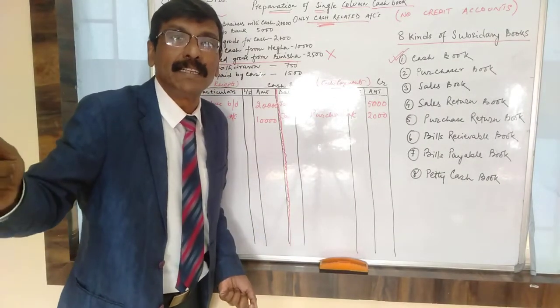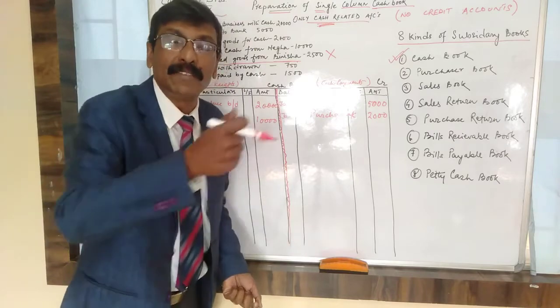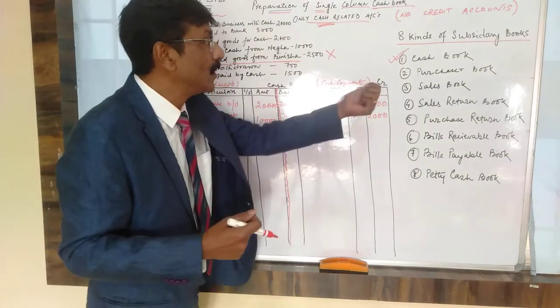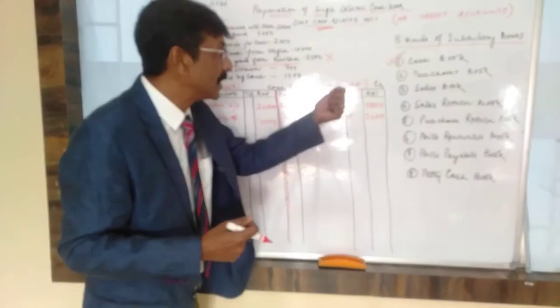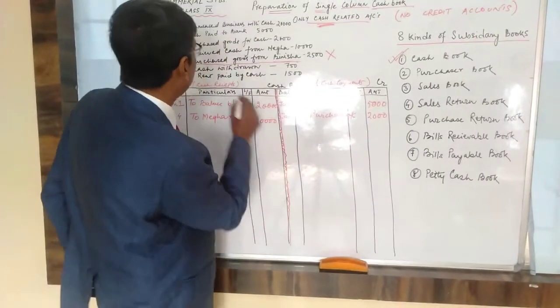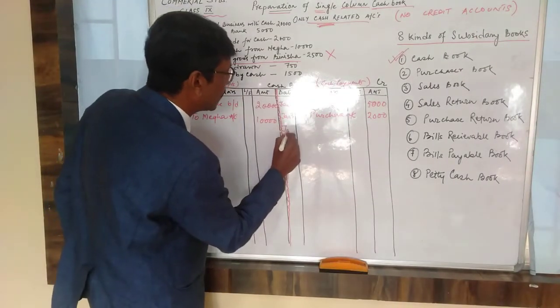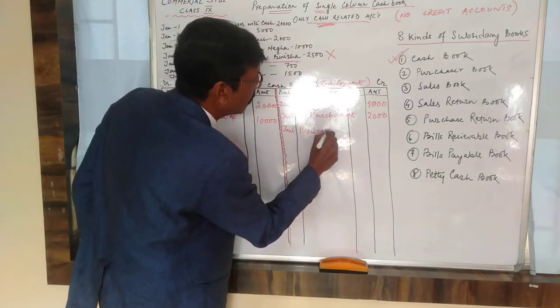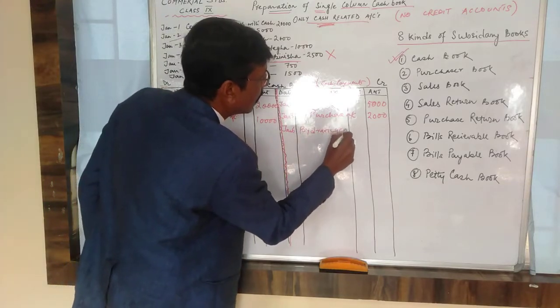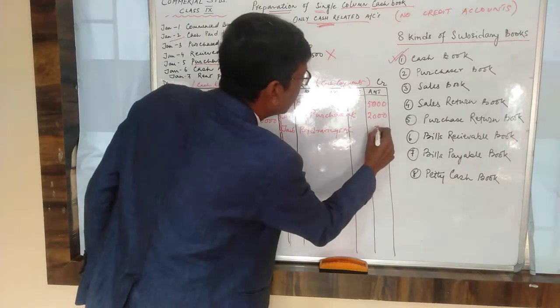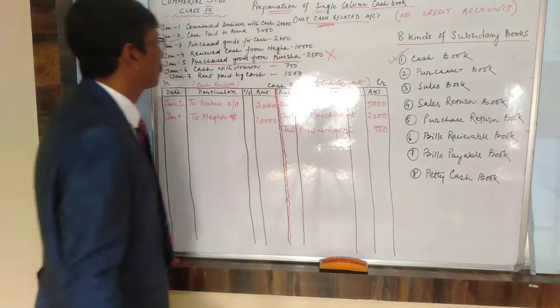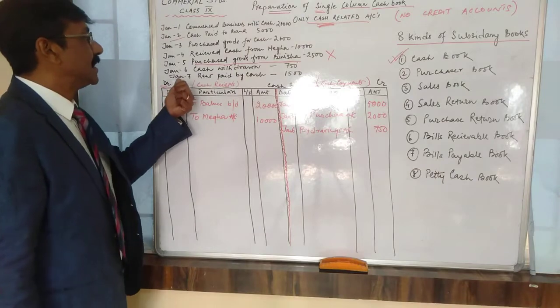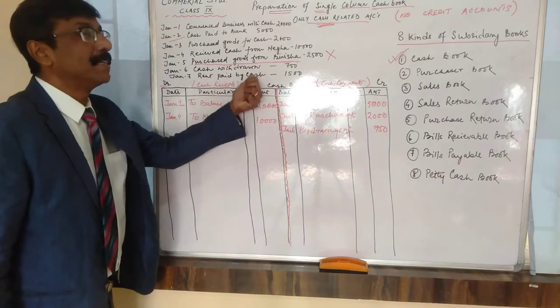It is a payment. Whenever we withdraw, whenever there is a drawing, it will always go on the credit side because it is a payment. So here we'll write January 6th, by drawings account, 750 rupees.